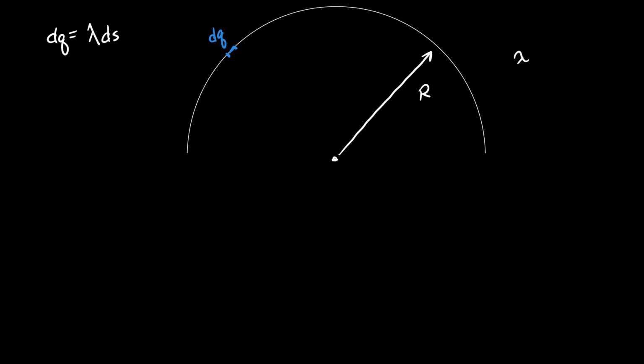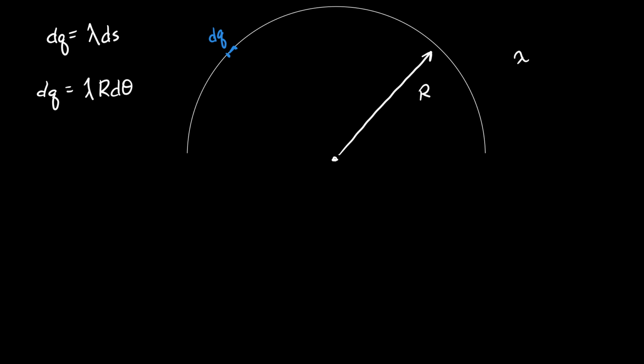But I probably don't want to integrate over that, so I will replace ds with r d theta. That gives me a more integratable expression, because that way I can integrate across the angle that describes the arc. That's probably what I would use.